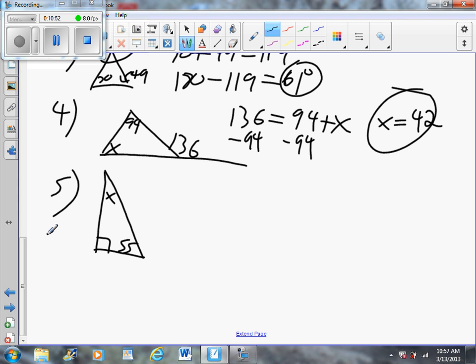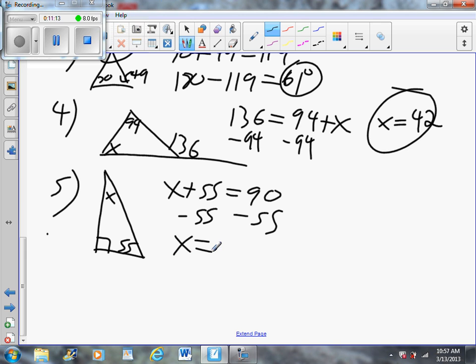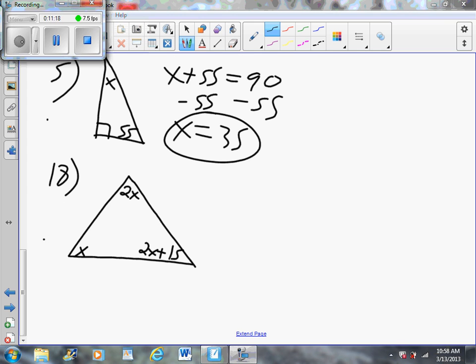Don't worry about the whole triangle, because we already know this is 90 degrees, which means the two acutes over here can only equal 90. That's what you need to think in terms of. That's the best way, and it avoids a careless mistake. So subtract 55, and what's X equal to? 35. Yep. Yes, you got that right.